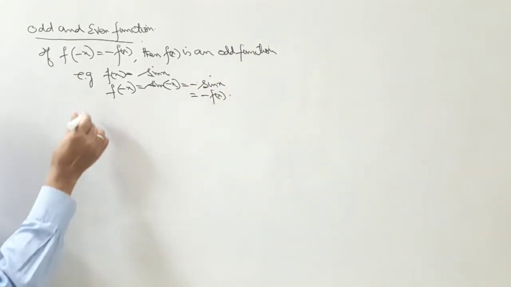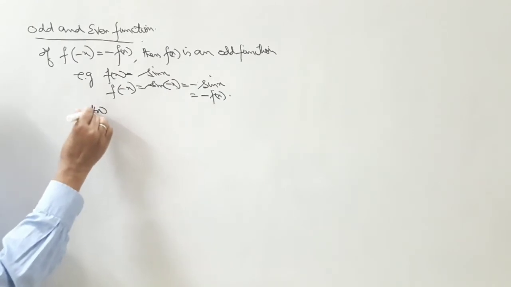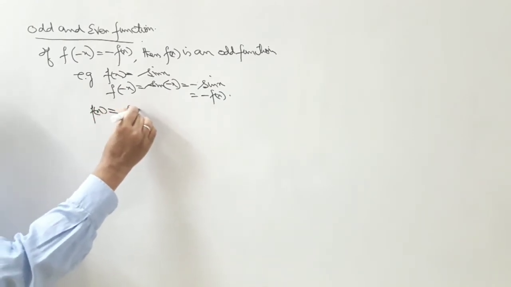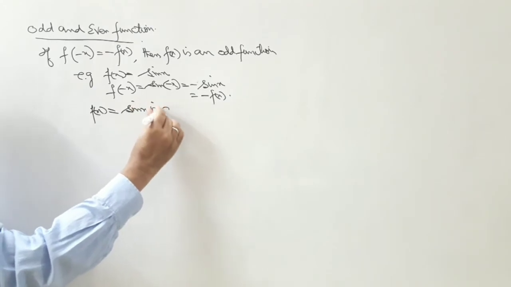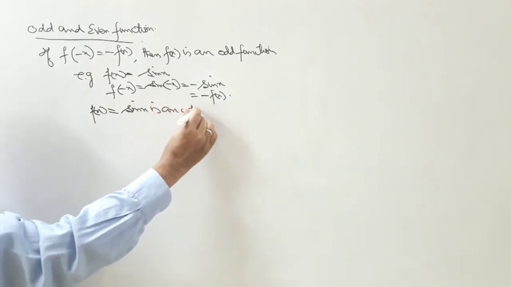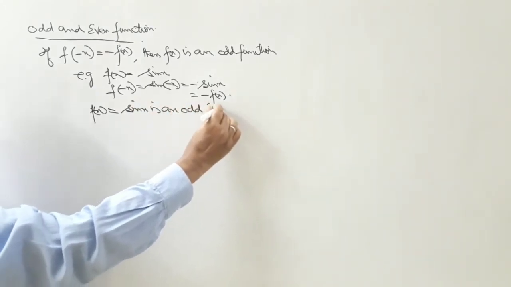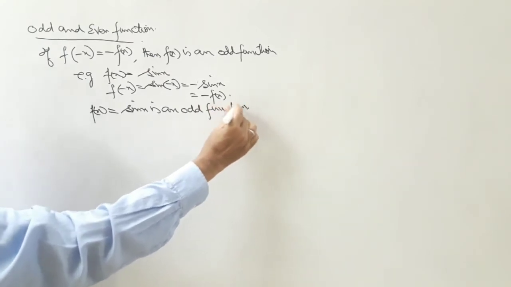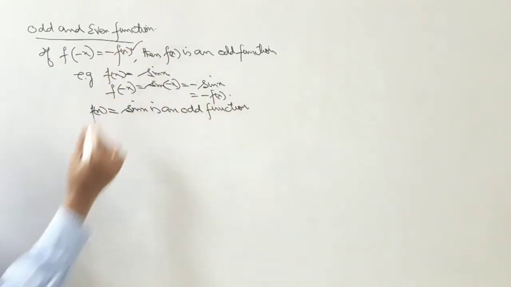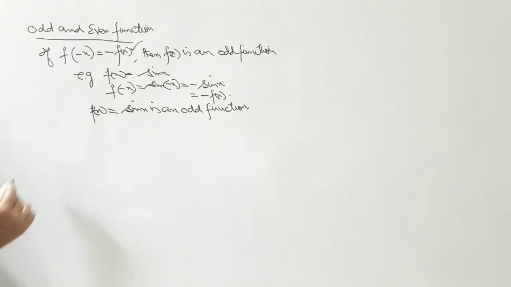Therefore, we say fx is equal to sin x is an odd function. You must remember the property that f of minus x is equal to minus fx.